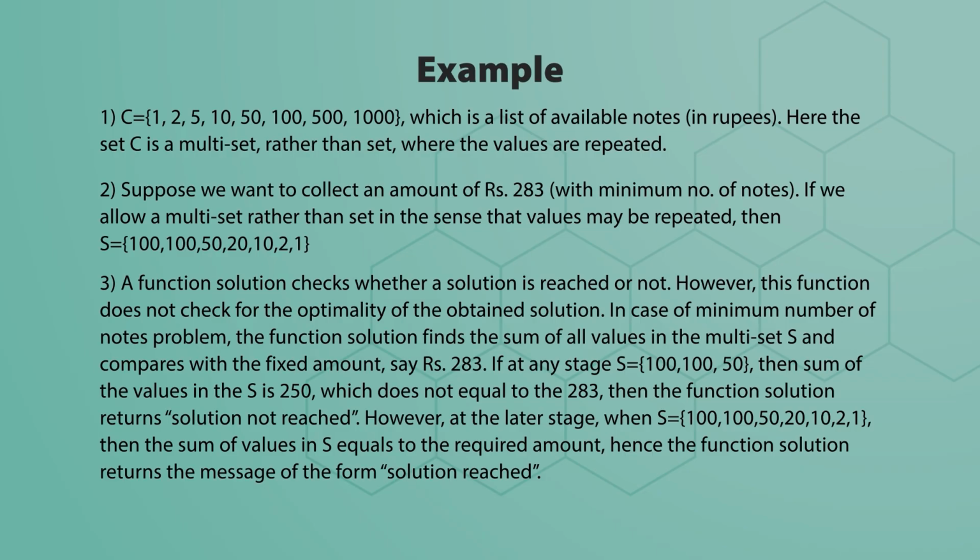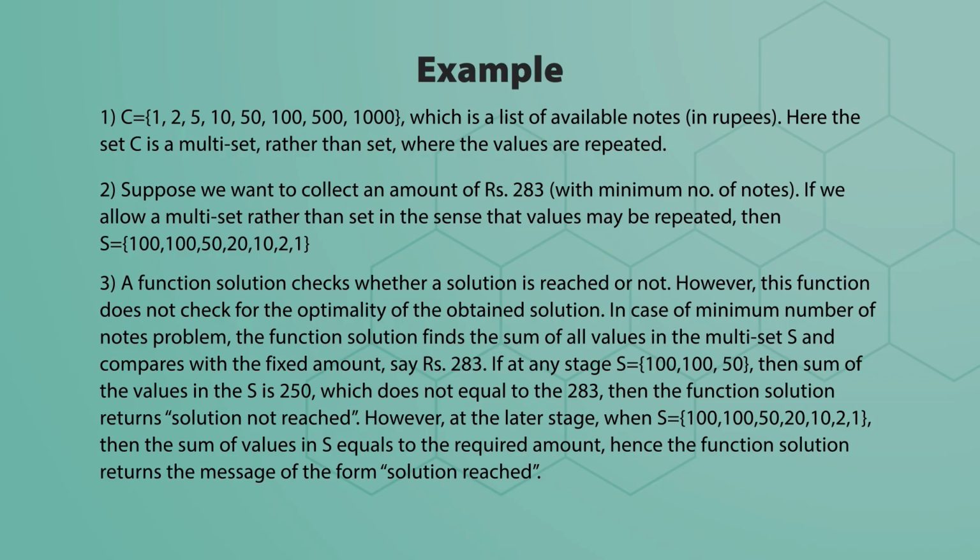Yes, another 100 can also be included, because the addition leads to 200 rupees, which is again less than 283. Can I add another 100? No, because if you add another 100, it becomes greater than 283. We are not reaching our goal. It is not leading to a feasible solution, so we are discarding it.